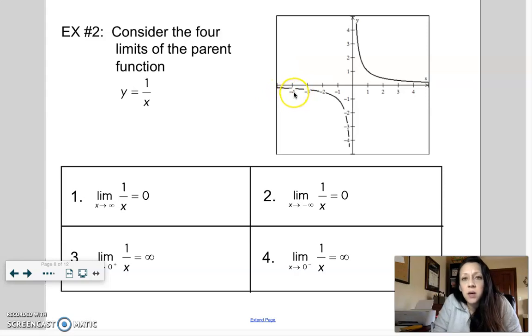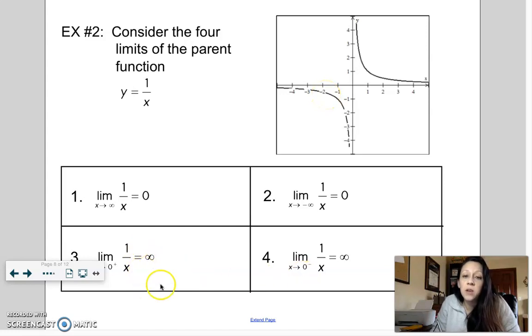If I say what's the limit as x goes to negative infinity, it's also 0 because it is also leveling off at 0, meaning getting really close to that value but never touching that point. So we use this concept that as you go to infinity or negative infinity on the reciprocal function, you're always going to approach 0 just by the nature of the way the graph looks.